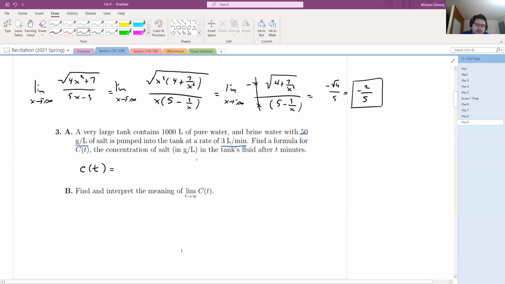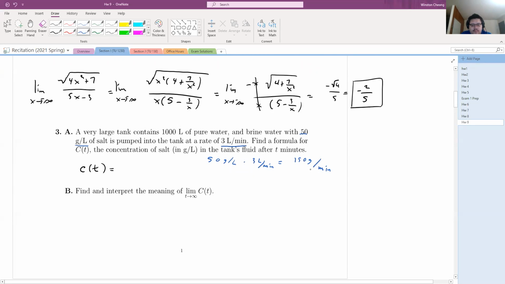So 50 grams per liter times 3 liters per minute is going to end up giving you 150 grams per minute. So this is how much brine water is flowing in 1 minute.